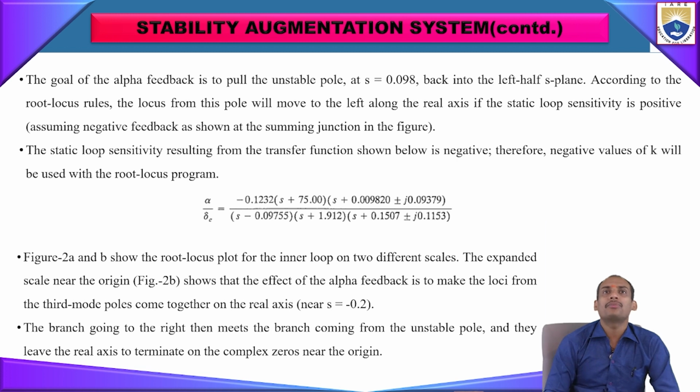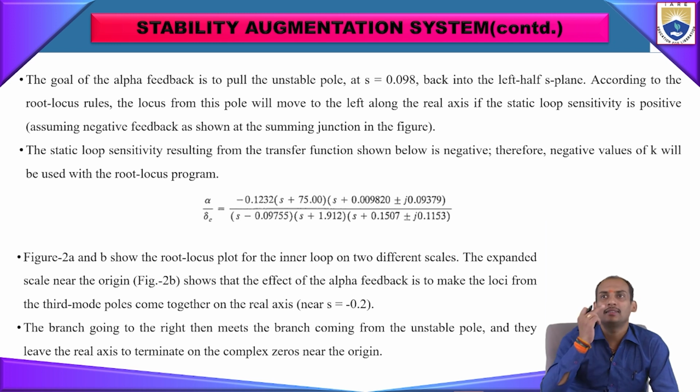The goal of the alpha feedback is to pull the unstable pole at s equal to 0.098 per second back to the left half s plane. According to the root locus rules, the locus from a pole will move to the left along the real axis if the static loop sensitivity is positive.